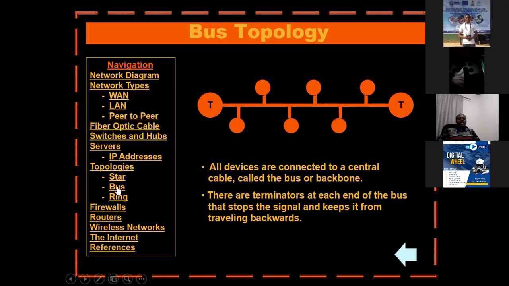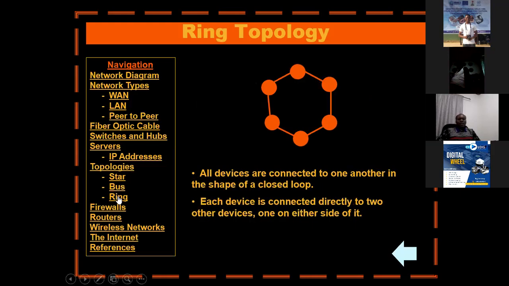So let's look at another network called the ring network. All devices are connected to one another in the shape of a closed loop network. That is the ring network. That's what we call ghosting.